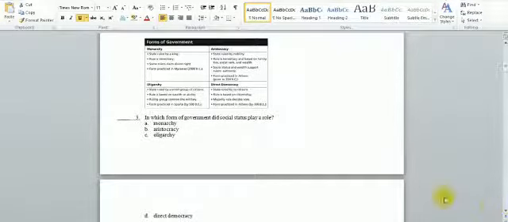Number 3, in which form of government did social status play a role? We have here forms of government in this schedule: monarchy, oligarchy, aristocracy, direct democracy. We know the monarchy is ruled by one king.